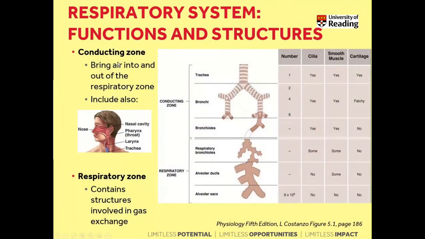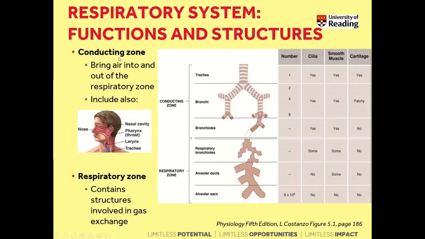I mentioned that the respiratory system can be divided in two zones, the conducting zone and the respiratory zone. They are different not just because of the structure, not just because of the type of cells they are expressing, but also because of the function that they are mediating in our respiratory system.